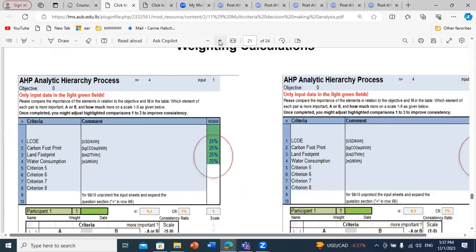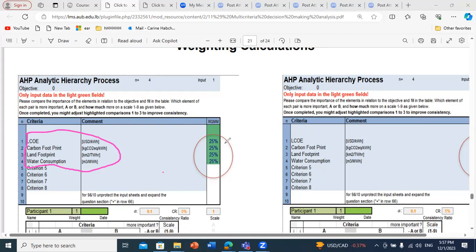Let us consider that for a certain project, we decided that these are the main important factors to consider: the levelized cost of electricity, the carbon footprint, the land footprint, and the water consumption. These are the factors that I should compare, and I should put weights on each of them.